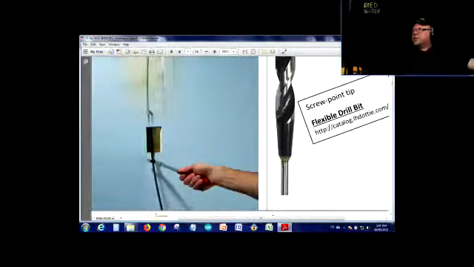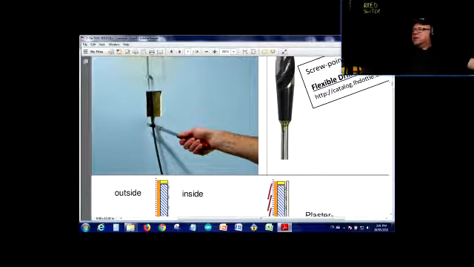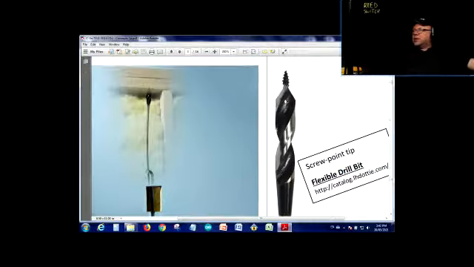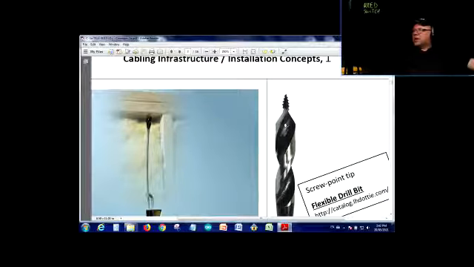And it's a flexible bit. Some of them are 6 feet long. On the other side, you just put it in a cordless drill, and you can flex that. That's why it's called a flexible drill bit, and it's a long drill bit. Then you can just operate the drill, and you can have the opening go from one side to another.